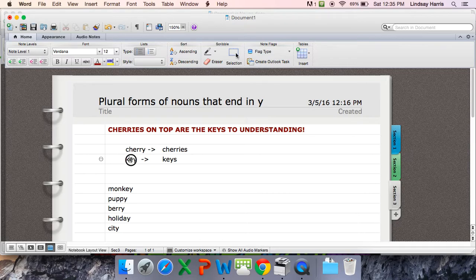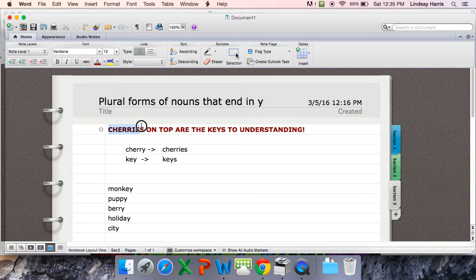Okay? Look at the word key. If the letter before the Y is a vowel, like it is in this case, the E, then Y gets to stay. E or any other vowel and Y, they need to be near each other. They're friends. And then they invite S to the party. So you have K-E-Y-S. Okay, so cherries on top are the keys to understanding.